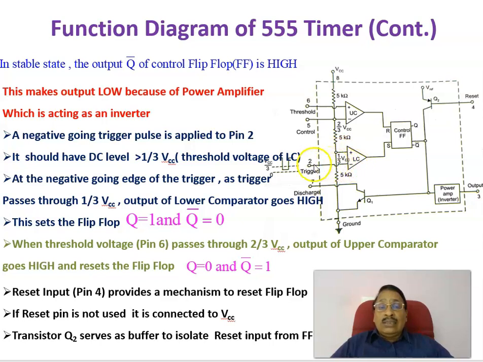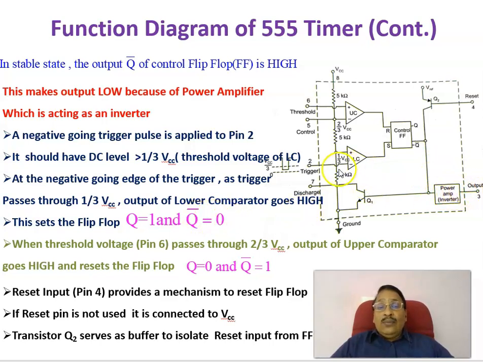When this is high, the set pin will be high. As the set pin is high, Q will become high, and Q bar will become low. As Q bar is low and this is an inverter, the output will become high.